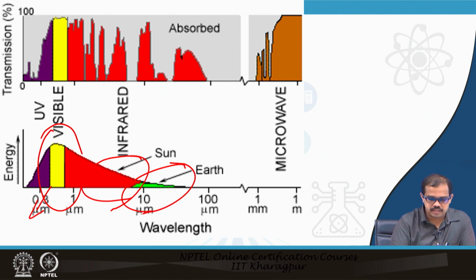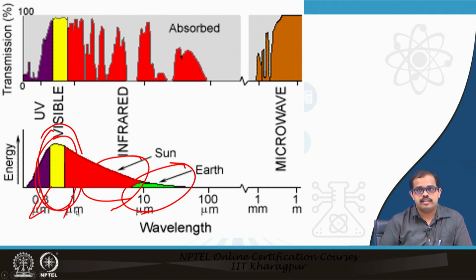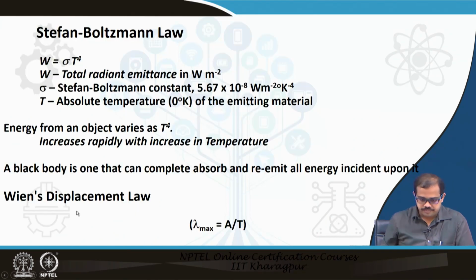When you look at the earth's surface, you can see it here. The same thing is very much reciprocal in terms of transmission. I'll speak about this when I speak about the other two laws, but I am particular about this to understand how energy and wavelength are related.